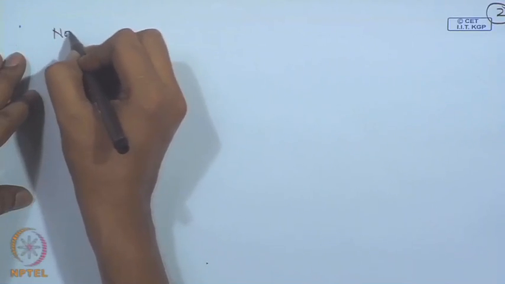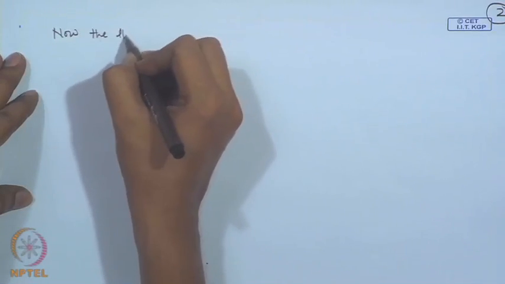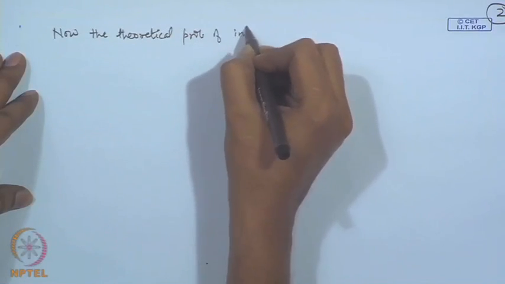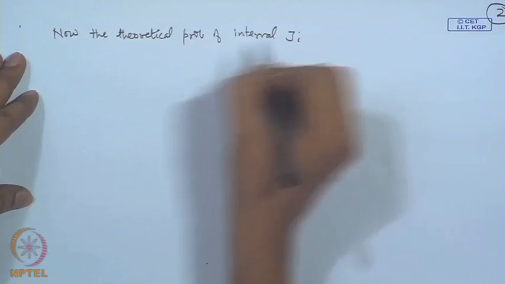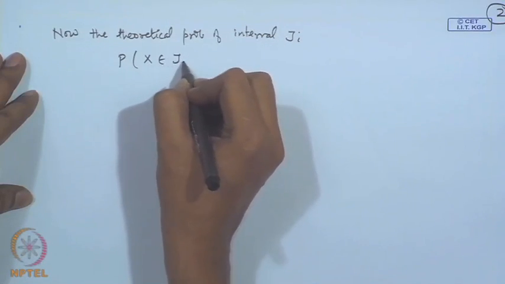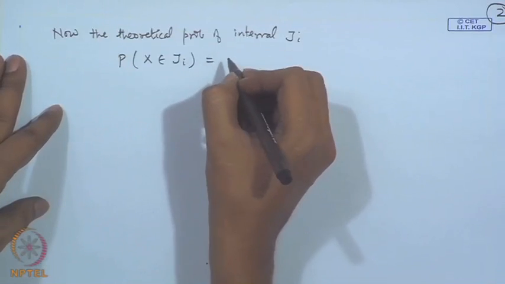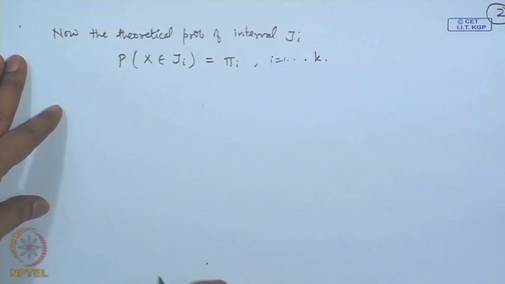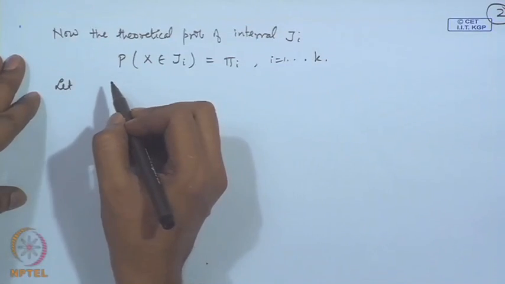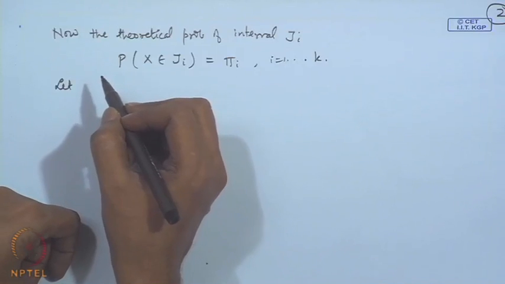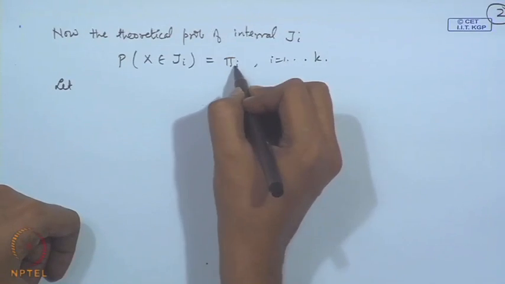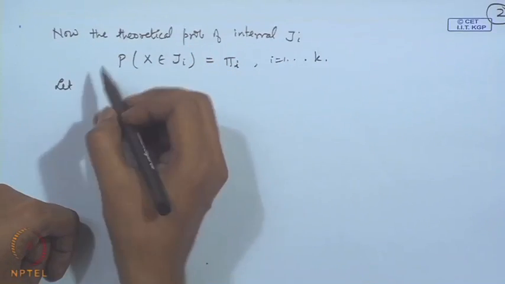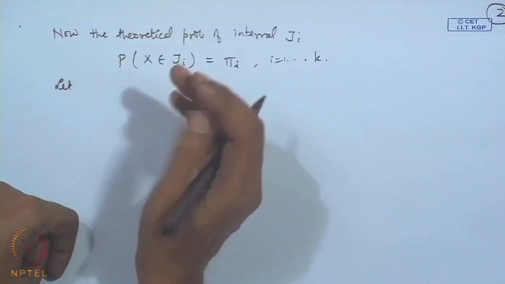Now, the theoretical probability of interval Ji, that is probability of X belonging to Ji, is equal to say pi, i is equal to 1 to k. When we are considering the observations divided into intervals J1, J2, ..., Jk, then there will be observed frequencies.